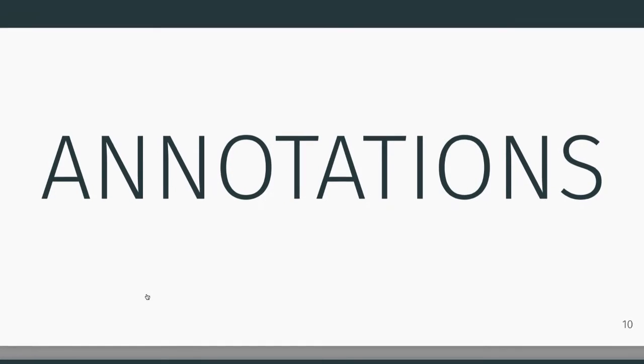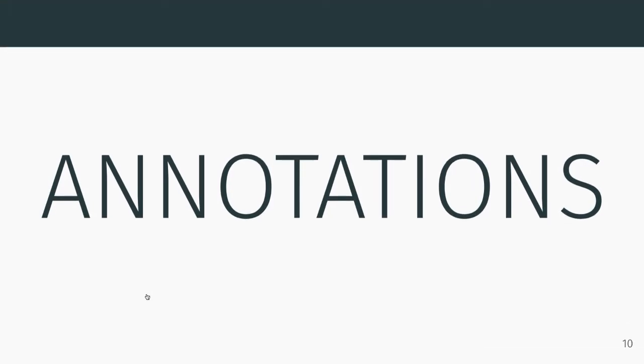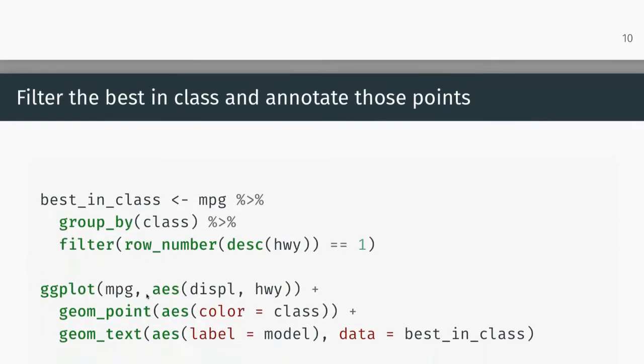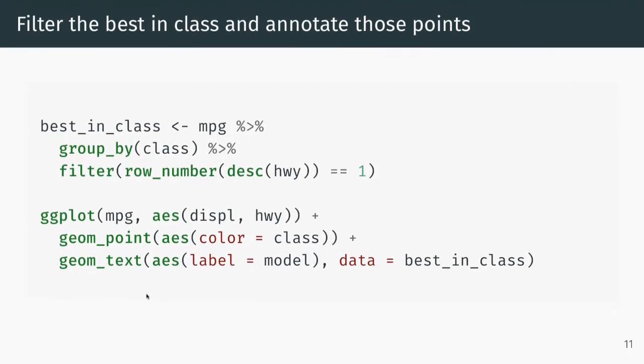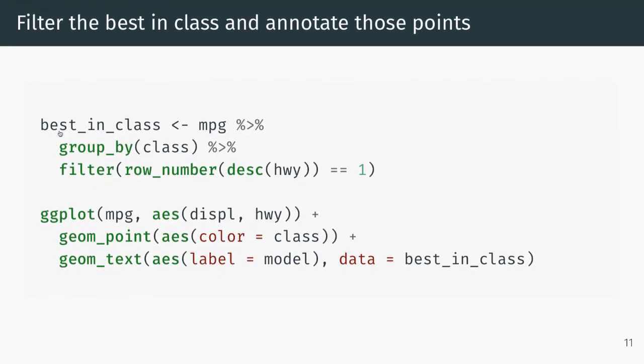Okay, the next thing we can do is annotations. Annotations are labels within the graph. So for example, we can filter the best in class and annotate those points. So the best in class is the vehicle that gets the best gas mileage in a particular class. So what we're doing here is generating a list of best in class vehicles.